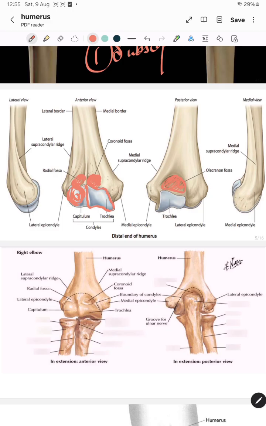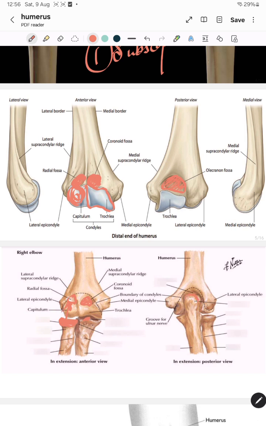In the radial fossa, the head of the radius bone fits. This is the radial fossa, this is the coronoid fossa, this is the coronoid process. It will fit into the coronoid fossa, and the head of the radius will fit into the radial fossa.